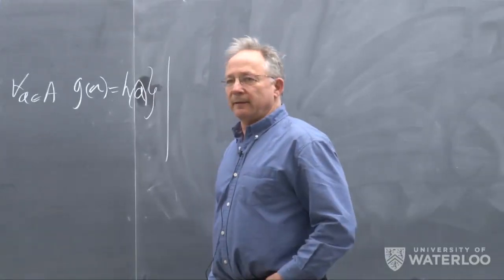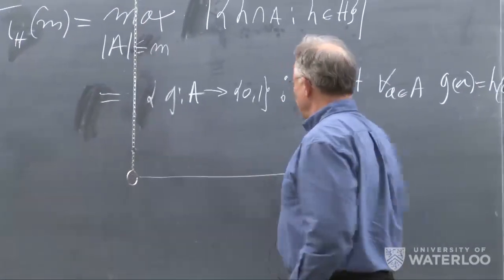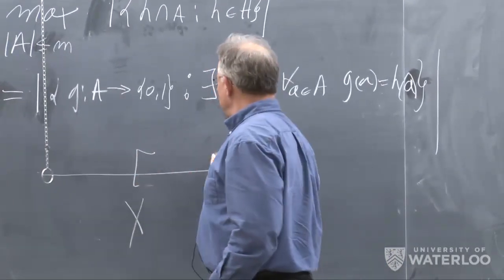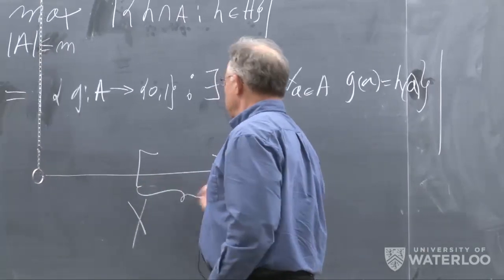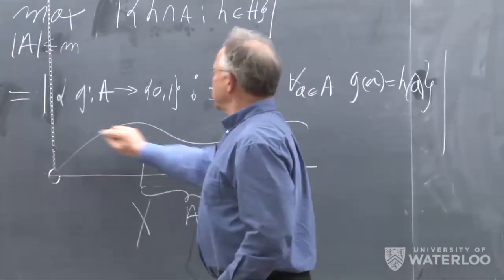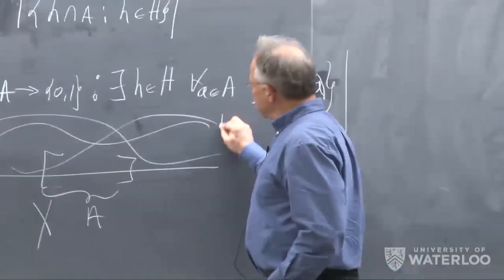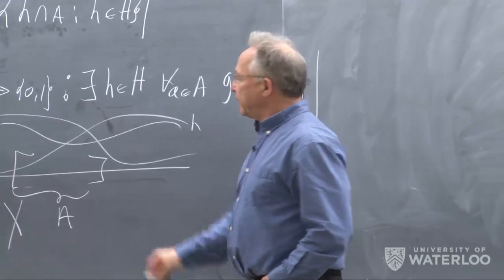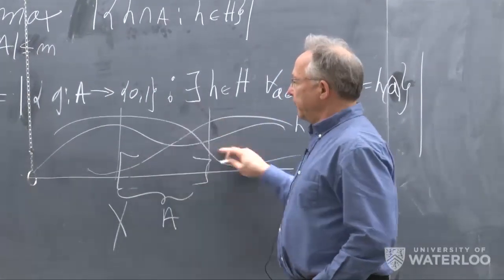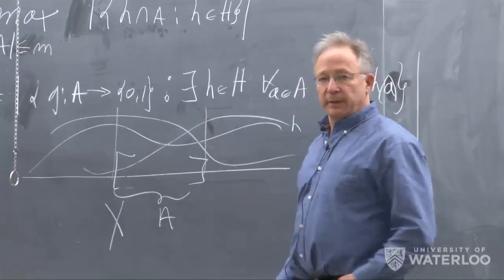What am I saying here? I have here my domain X, and I picked some subset A. Now I have all the functions in H. So those are the functions in H. And I count how many behaviors do they have over the domain A, which is what is written here.